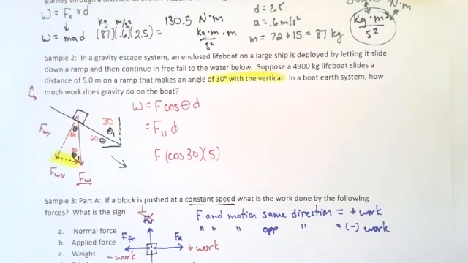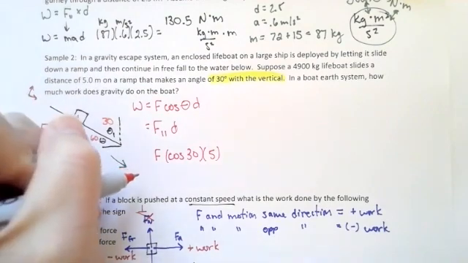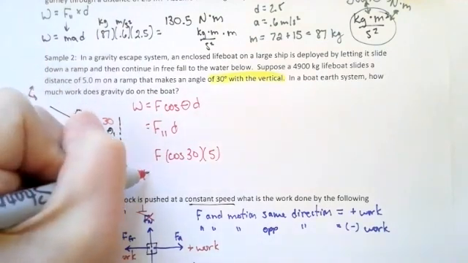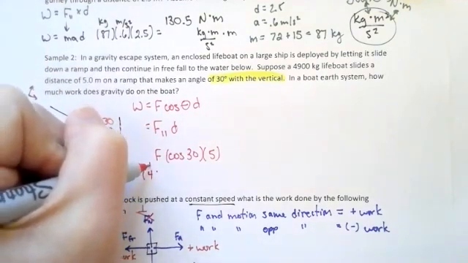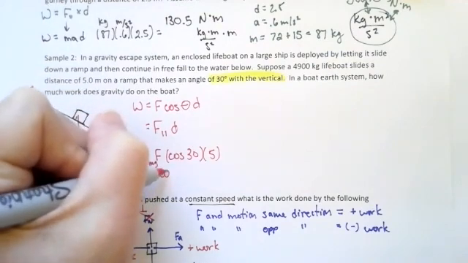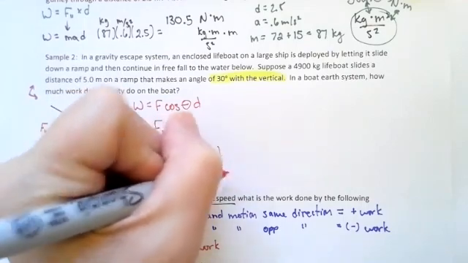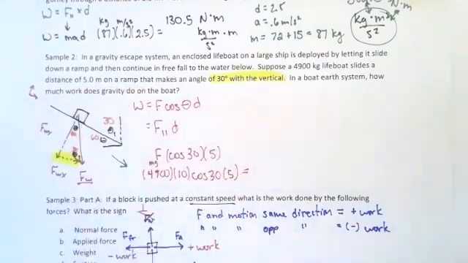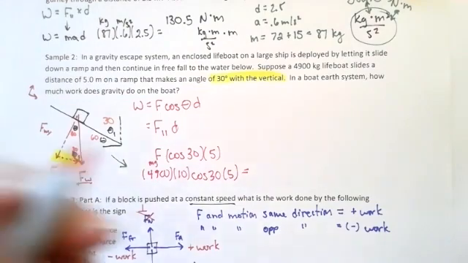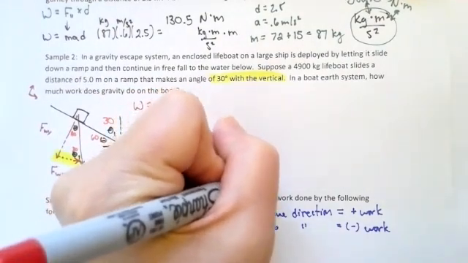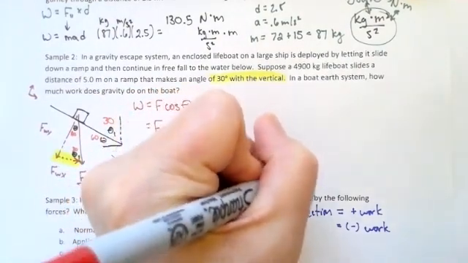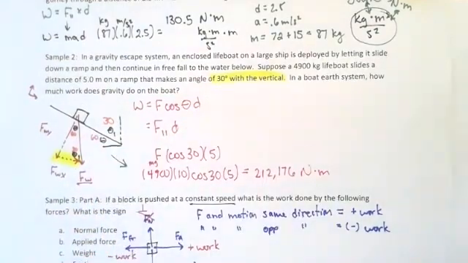So I'm going to now rewrite this equation, let's make gravity 10, as mass times gravity. So I have 4,900 times 10 cosine 30 times 5. And when I multiply that out, I get 212,176 Newton meters.